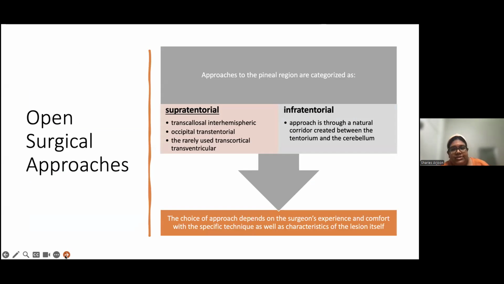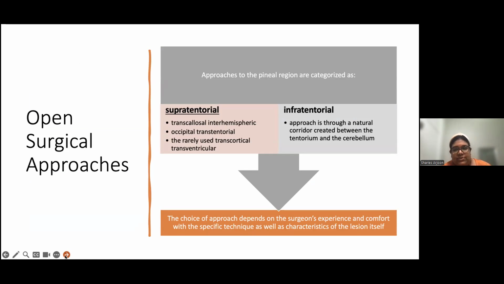So the approaches to the pineal region are categorized as supratentorial approaches and infratentorial approaches. Under the supratentorial approaches, some would include the transcallosal interhemispheric approach, the occipital transtentorial approach, and, rarely used, a transcortical transventricular approach.